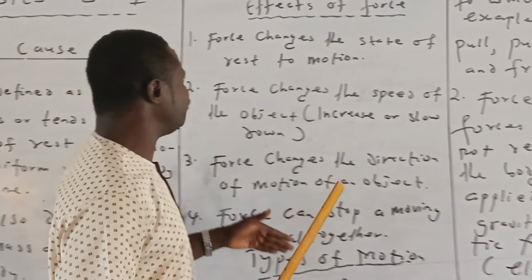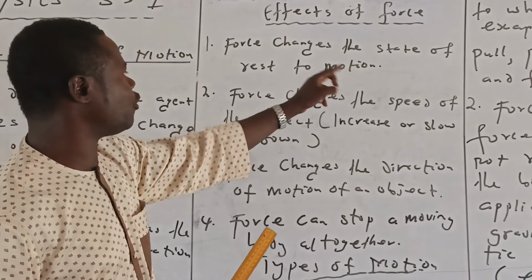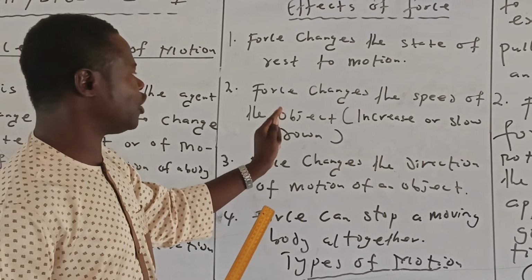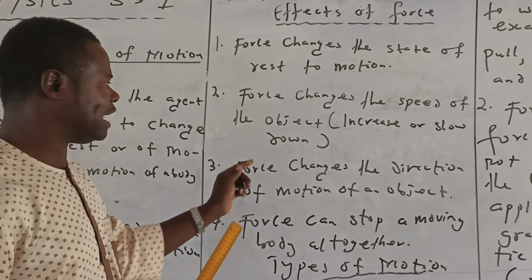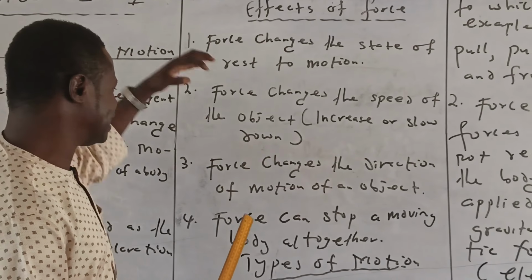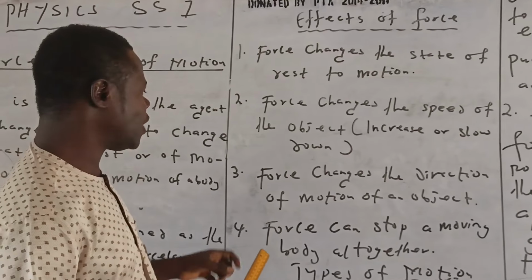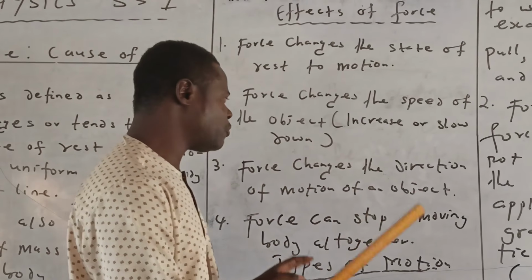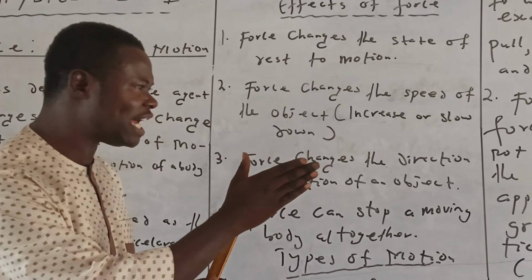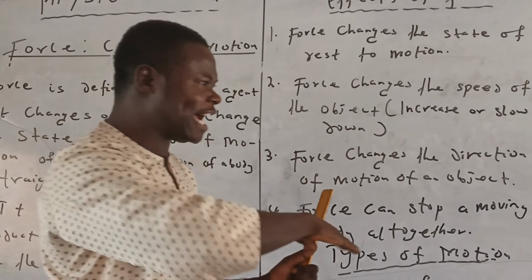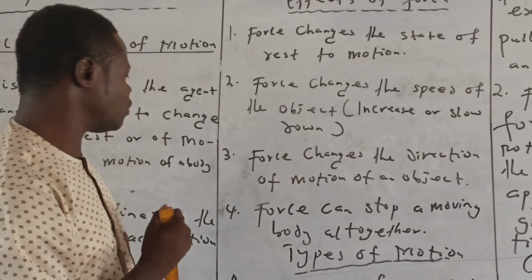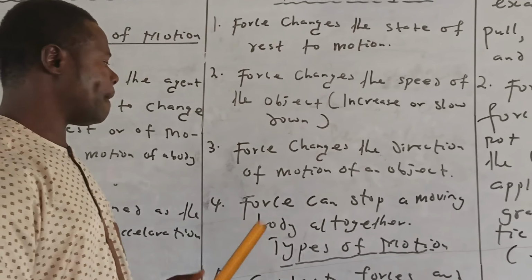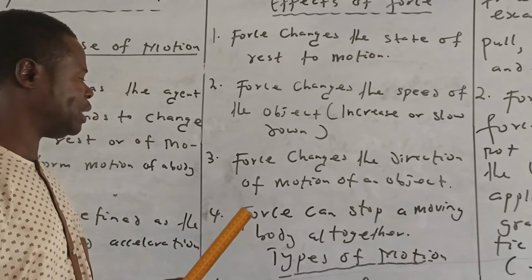Force has the following effects. Force changes the state of rest to motion. Force changes the speed of an object; it can slow it down, and it can also increase the speed of a moving object. Number three, force changes the direction of a body. If a body is moving in the north direction, it can be changed to move in east or south. Number four, force can stop a moving body altogether to be at rest.